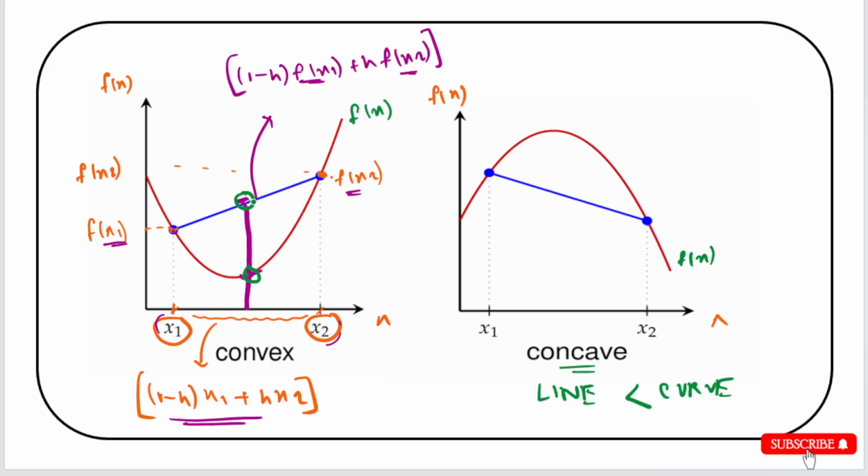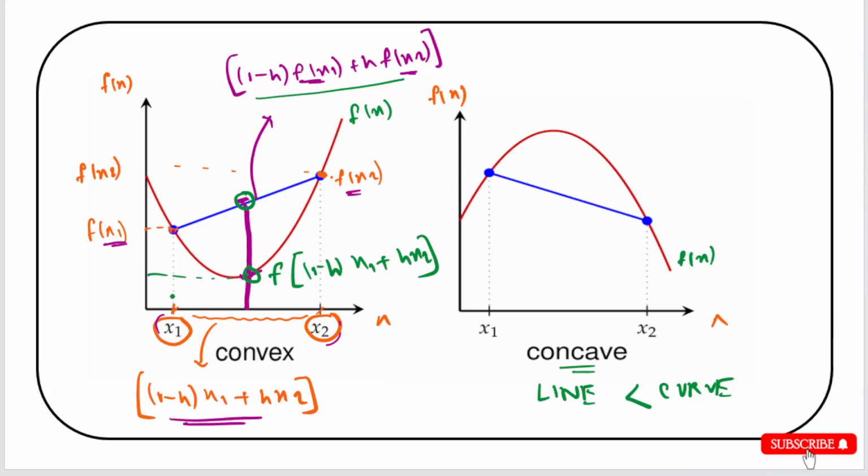And I have said that this point can be written in this form. Now how will you write this particular form? This is just the functional value of this line segment. So it is (1 minus h) times x1 plus h times x2, right?